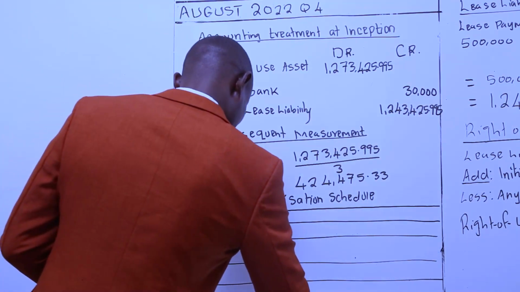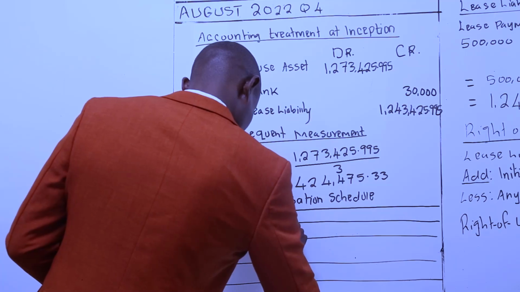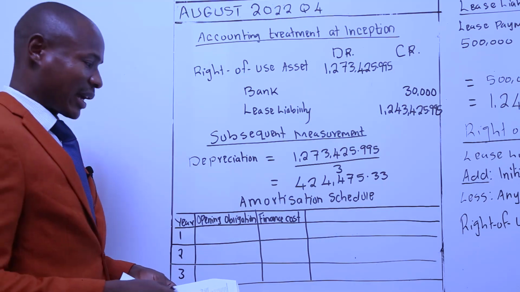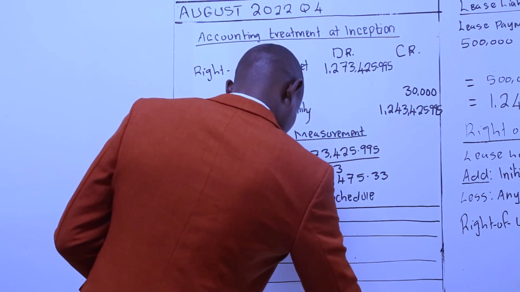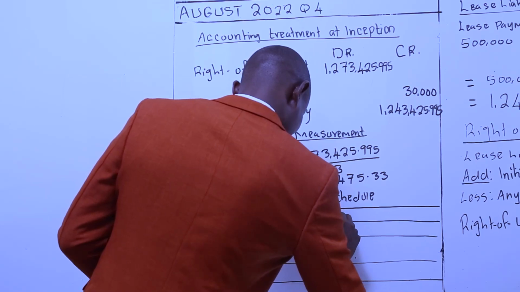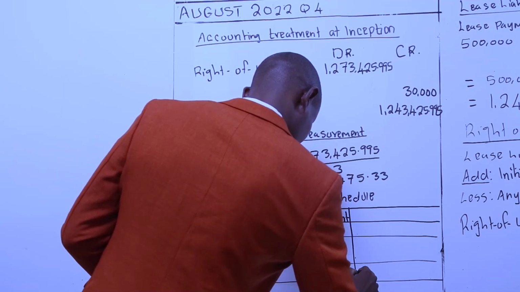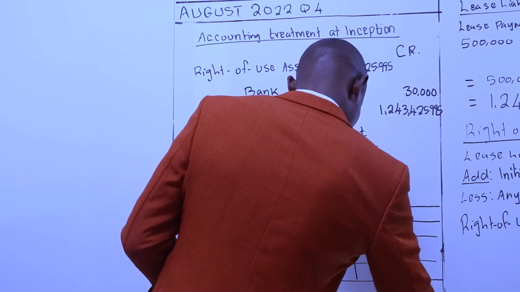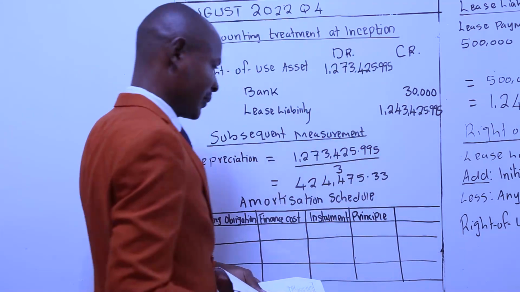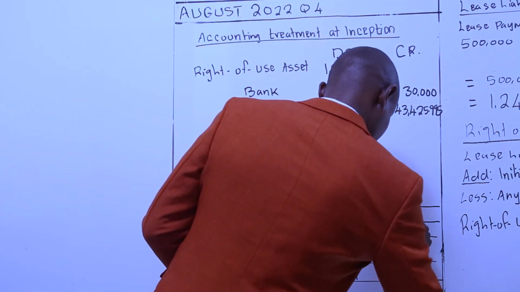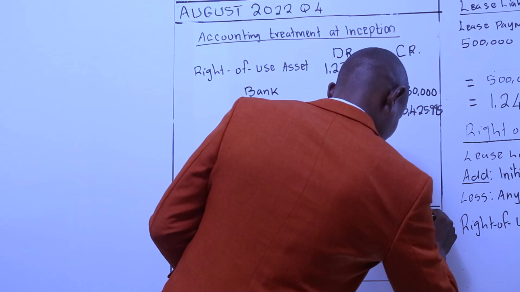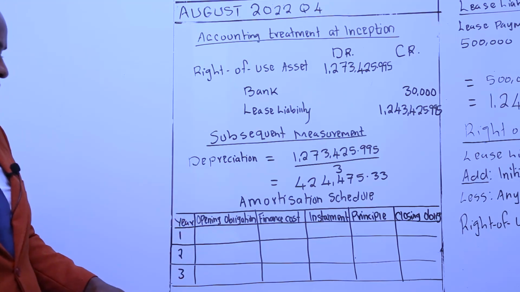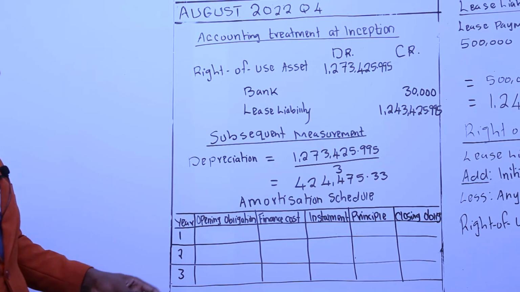We have finance cost. We have installment, the annual installments paid. We have principal. And finally, we have closing obligation. So we have closing obligation, principal, installment, finance cost, and opening obligation.